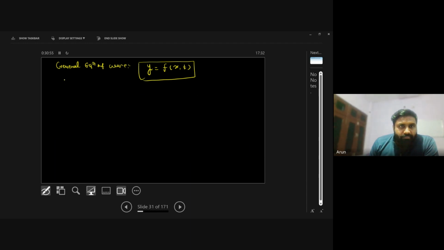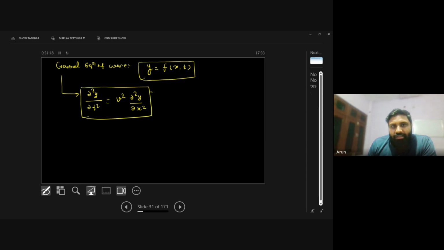Now, this is another form of checking whether a function represents a wave or not. It will be del 2y by del t square equals v square del 2y by del x square.